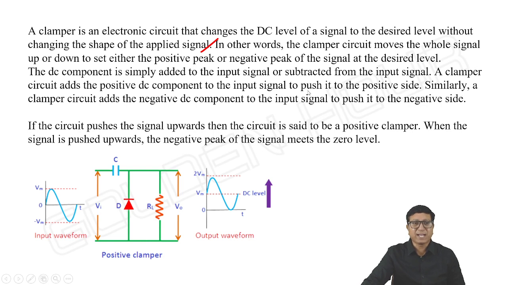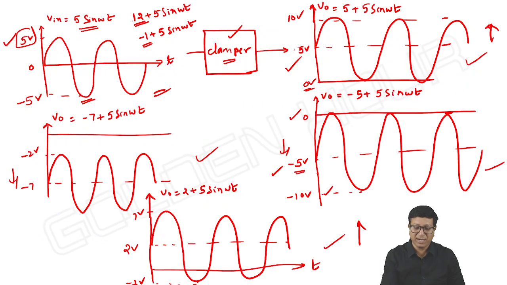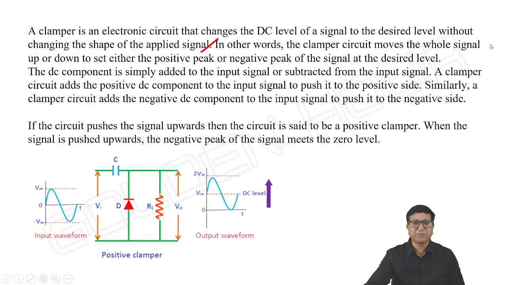A clamper circuit adds a positive DC component to the input signal to push it to the positive side. Absolutely. When you add a positive DC, the signal is pushed vertically upwards. Similarly, a clamper circuit adds a negative DC component to the input signal to push it to the negative side.